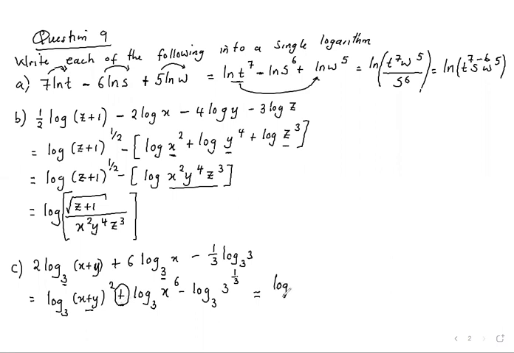So we'll have log 3 of x plus y squared multiplied by x to the power 6, and then divided by the cube root of 3, and write as this.